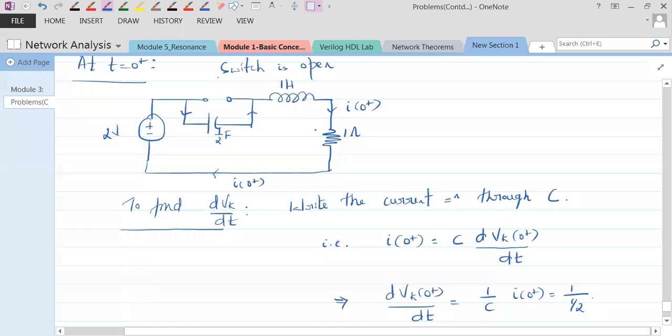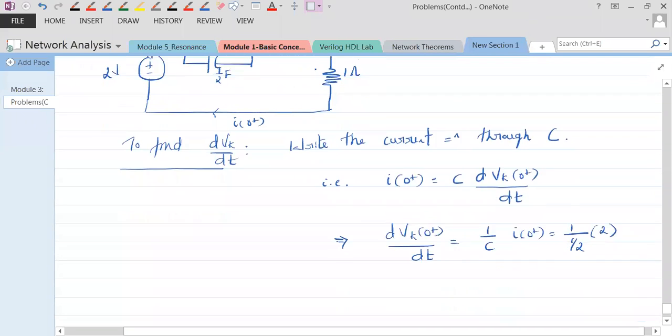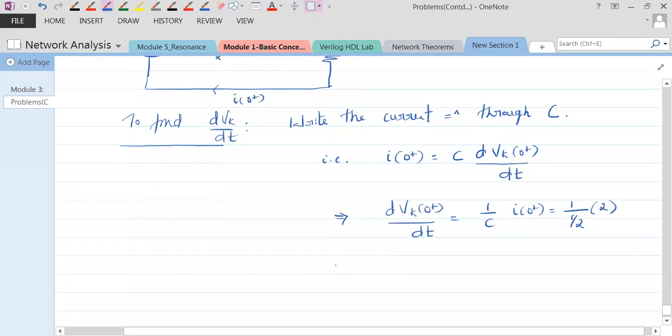And what is I of 0 plus that we have found out in the previous step? It is 2. So therefore, we can write that dVk of 0 plus by dt is actually 4 volts per second.